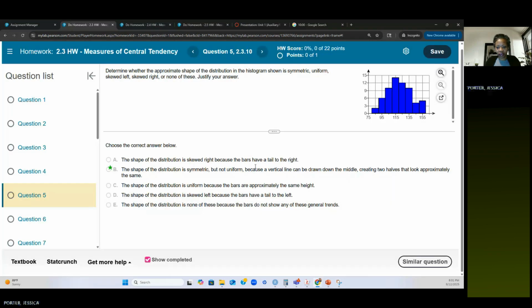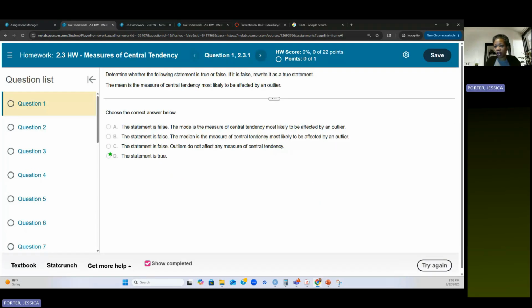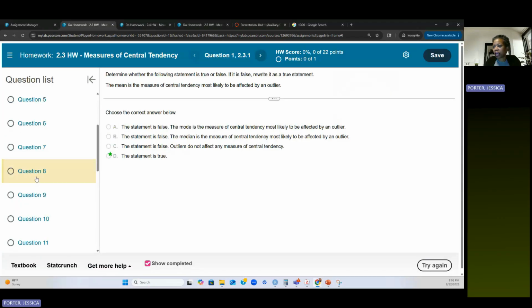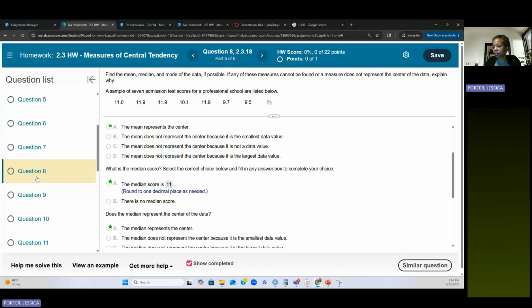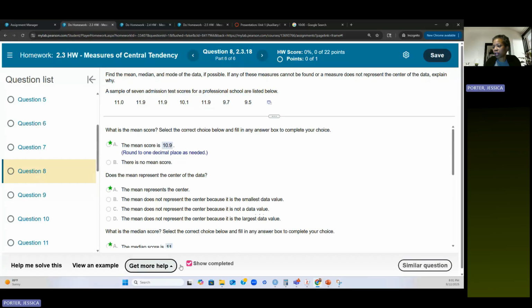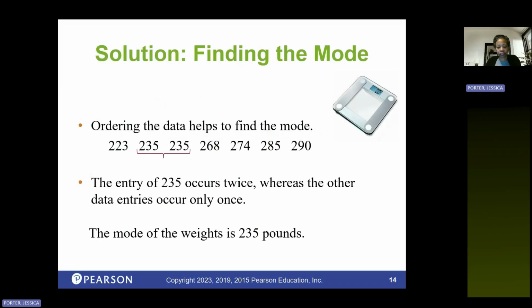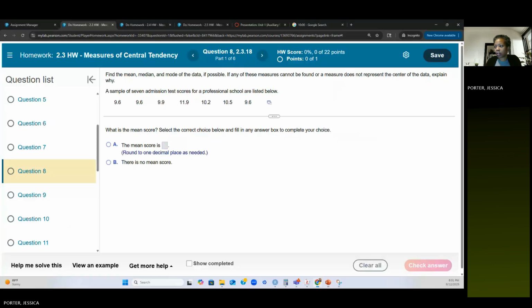Okay. Let's get back to where we were. Question 8, question 9, question 10, question 11. Let's look at these questions. Question 8. Okay, so just a brief review of how we got to StatCrunch and the mean, median, mode in StatCrunch.